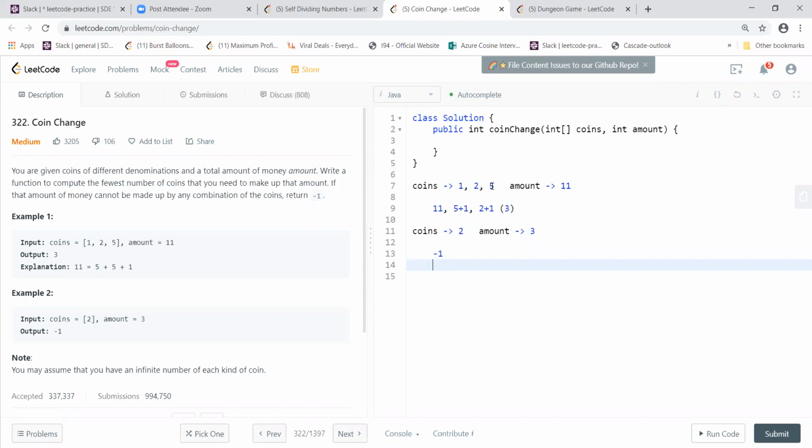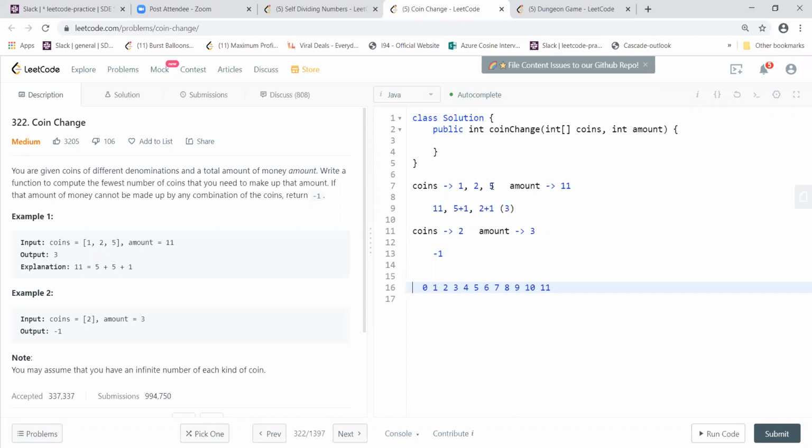And we have to assume that we have an infinite number of each kind of coin, so the supply is surplus. Okay, so the way Gaurav was discussing yesterday: if we take the amount 11 now, I have an array which starts with 0, 1, 2, 3, 4, 5, 6, 7, 8, 9, 10, 11.